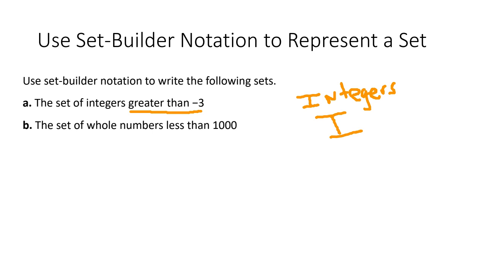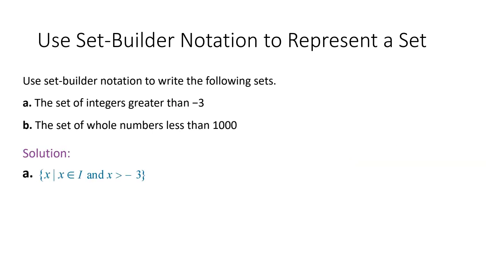So what we're going to do is write it as, here's my braces for representing that it's a set. So we have our x, so for all elements of x such that, here's my conditions, x is an element of the natural numbers, and x is greater than -3. Okay, and so that would be our set builder notation.